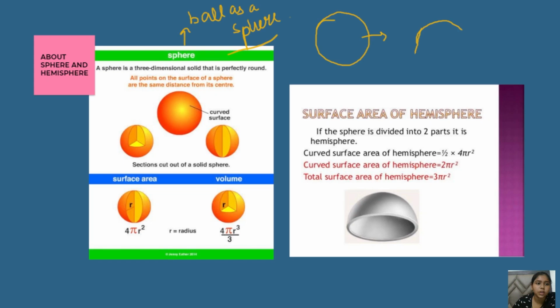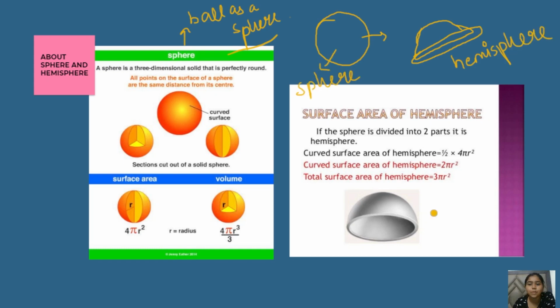Like this you can see the sphere. This is called a hemisphere. When we cut the sphere into two equal parts, it is known as the hemisphere, and this is the sphere, right? You can consider the example of a bowl in the kitchen as a hemisphere. You can also consider other things like headphones, right?